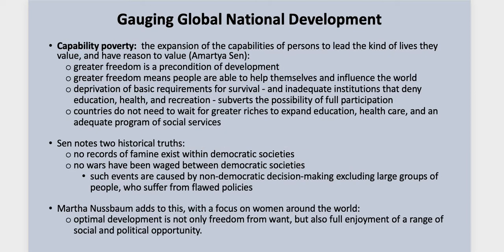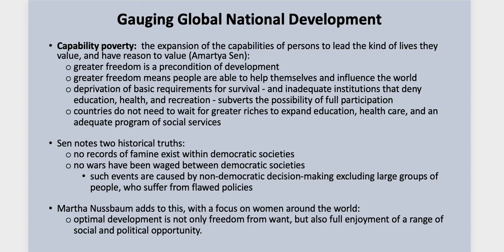There's a concept called capability poverty, which is discussed in this chapter. Amartya Sen is an economist, I believe from India, who developed this concept. The idea is that the expansion of the capabilities of persons to lead the kind of lives that they value and have a reason to value is what this is focused upon. His concepts are things such as that greater freedom is a precondition of development.